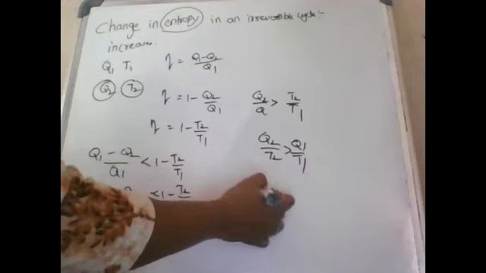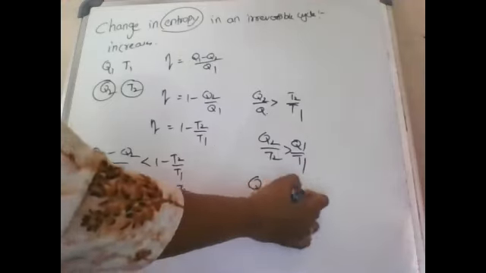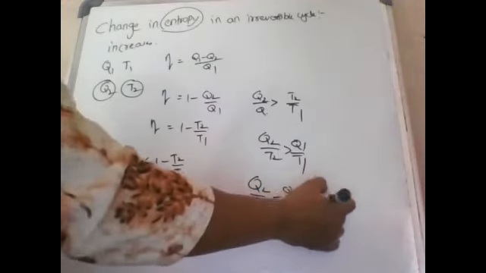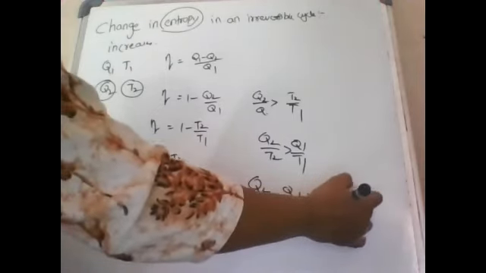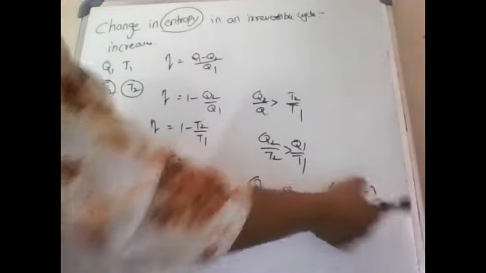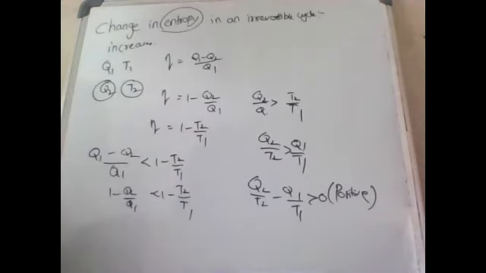From this equation, Q2 by T2 minus Q1 by T1 is always greater than 0. That means this value is positive.